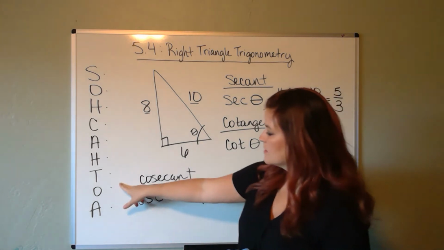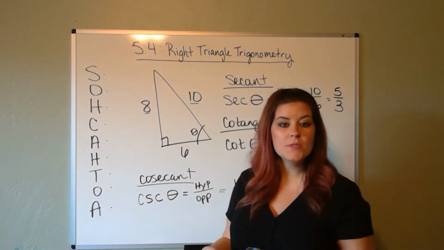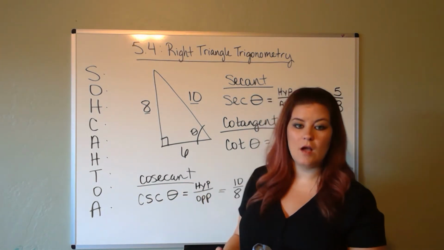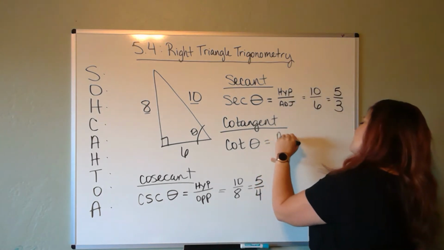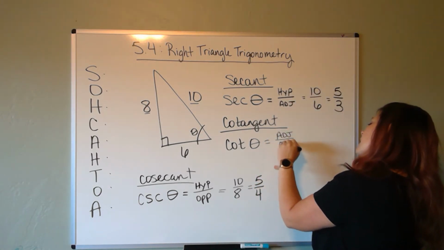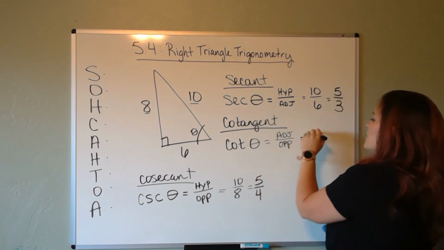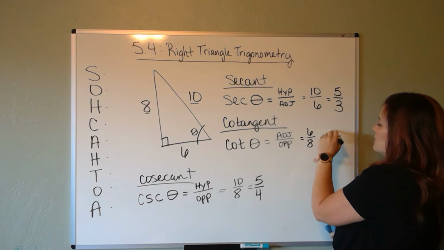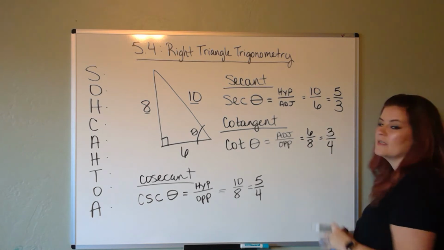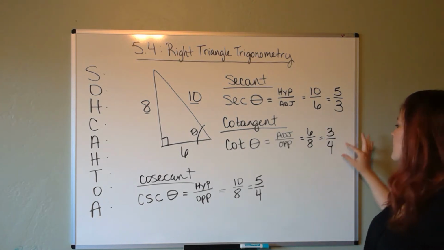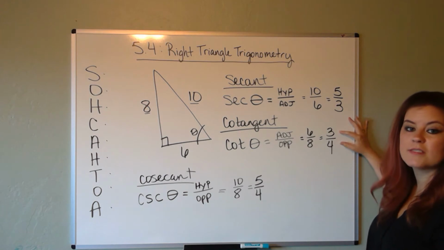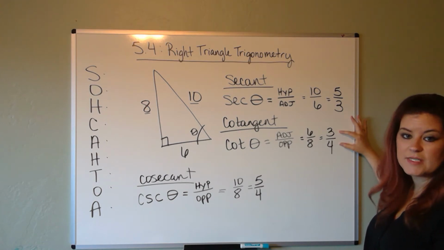Well, if tangent is opposite over adjacent, then cotangent must be adjacent over opposite. So adjacent over opposite in this problem would be 6 over 8 or 3/4. And I know I erased it, but if you look back, we had a tangent of 4/3. That got flipped over, now it's cotangent.